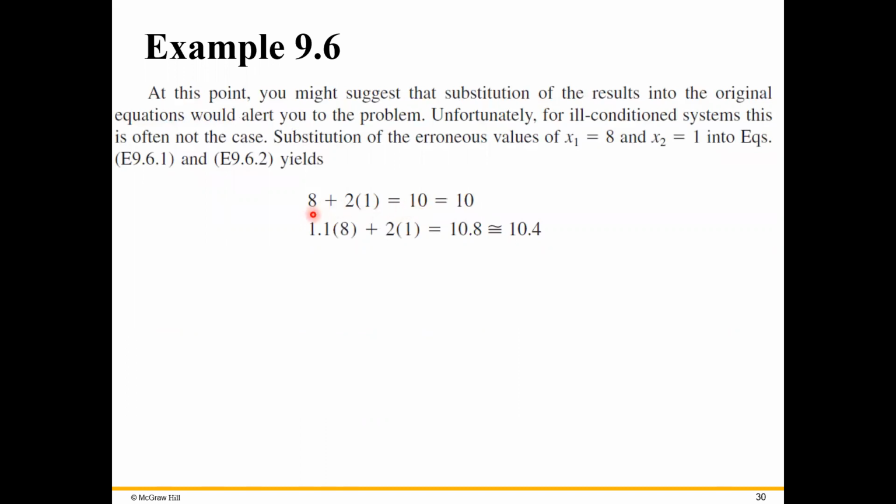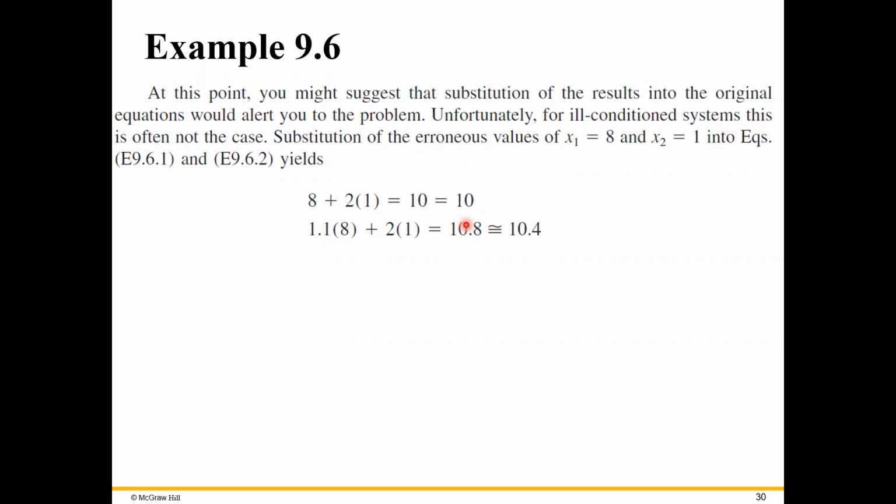So 8 x1 plus 2 x2 is equal to 10, plus 1.1 x1 plus 2 x2 is equal to 10.8, but it should be 10.4. But numerically speaking, 10.8 and 10.4 are not very much different from each other.